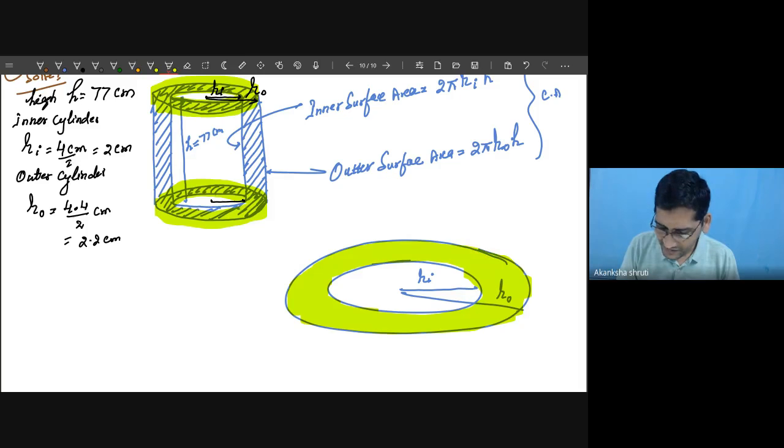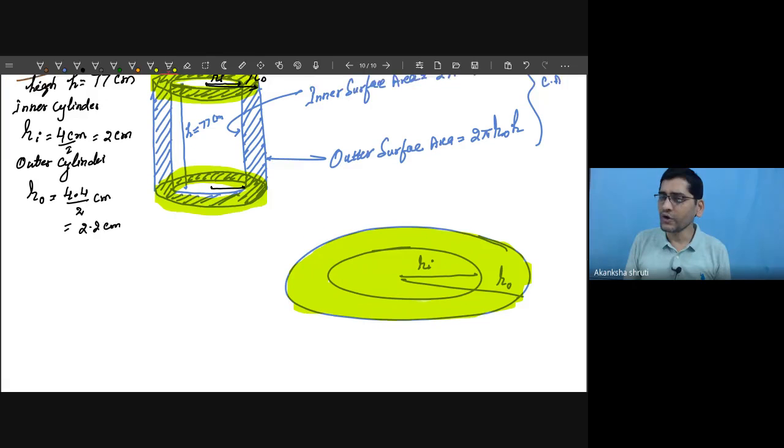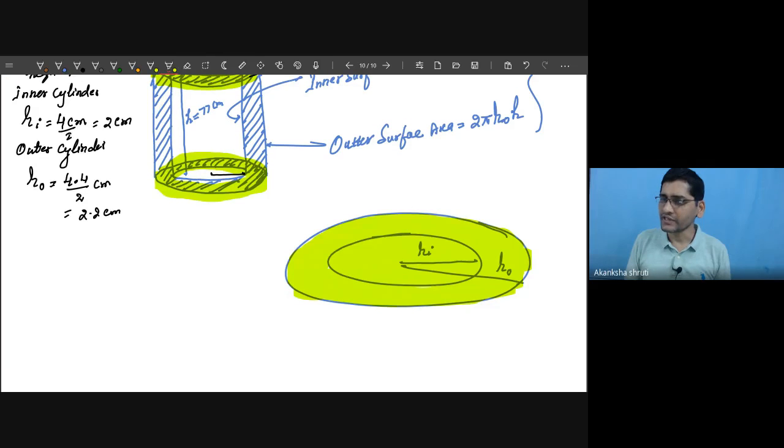So how to get it? Students, first we can get it by calculating the entire surface area of this bigger disk, meaning the entire yellow area. How can this be calculated? By 2 pi r out?